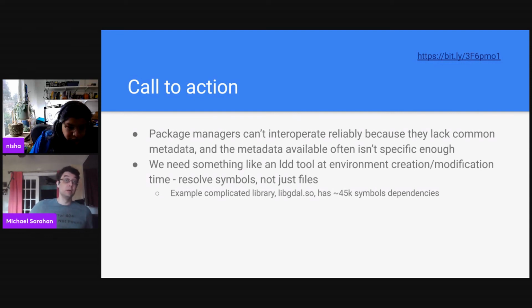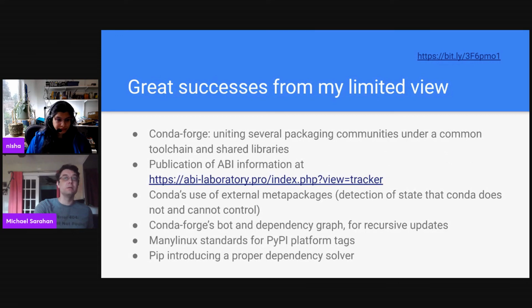They may be dependencies on, say, glibc of a particular version. So the compiler package in Conda will impose a particular glibc version. And even though Conda doesn't provide glibc, it tracks it via a meta package, and that's one of the things I mentioned in my talk. I'm not sure if I actually talked about it, but Conda can use these external meta packages to track state, and this is the infancy of talking to external package managers and understanding when you can get away with what's there and when you need to provide your own.